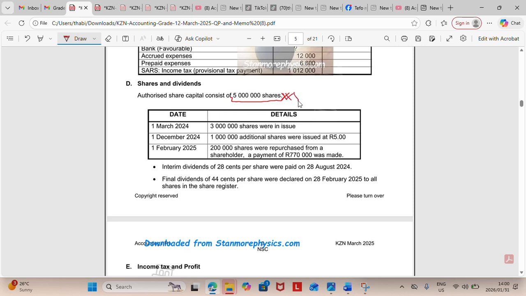So these 5 million shares, guys, this is actually the maximum number of shares that we can issue, the maximum number of shares that we can sell.